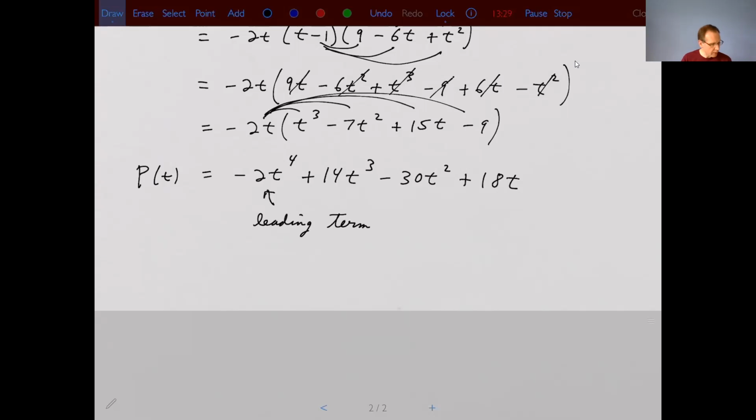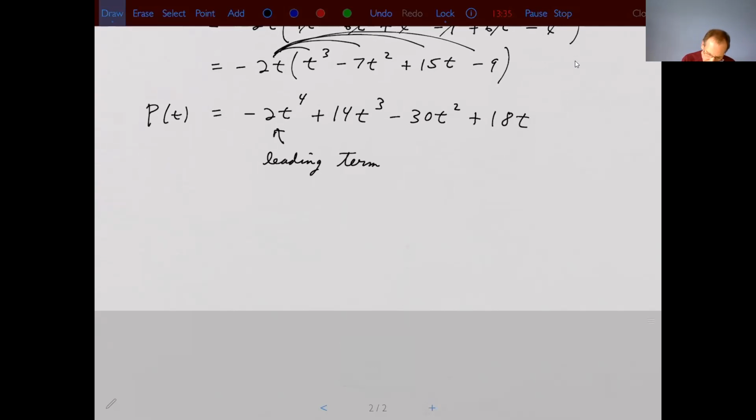So when we're interested in long-run behavior, we only care about that leading term. Another way of saying it is that p of t goes approximately as negative 2t to the 4th, right? When we're talking about long-run behavior. Okay, so remember what this looks like. Forget the negative 2 for now.